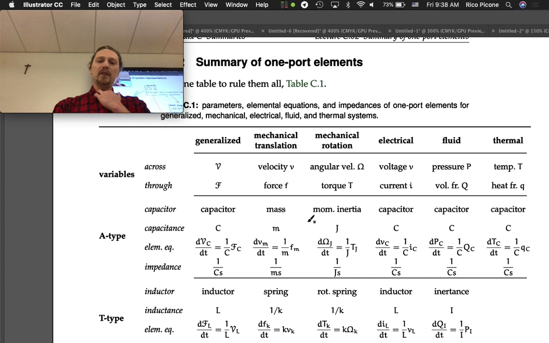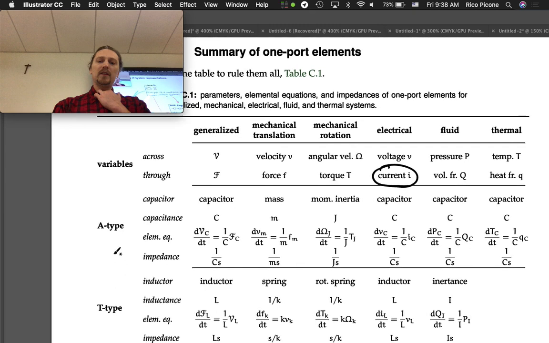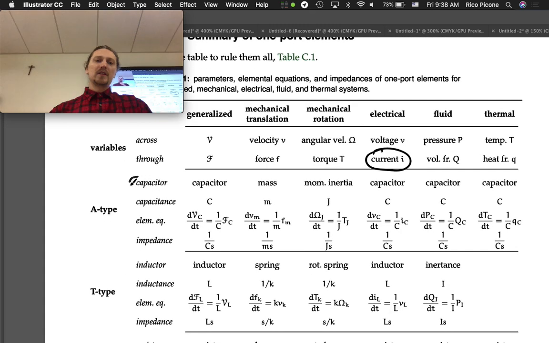So if you wanted to know what the through variable was for an electrical system, you would see it shows up there, current I. The A-type energy storage elements are here, right? And I give you the name of it, the symbol we use, the elemental equation for it, and the impedance.